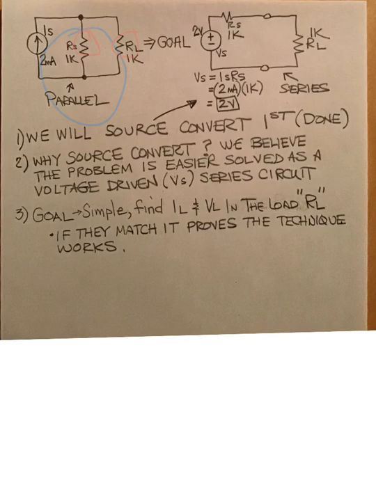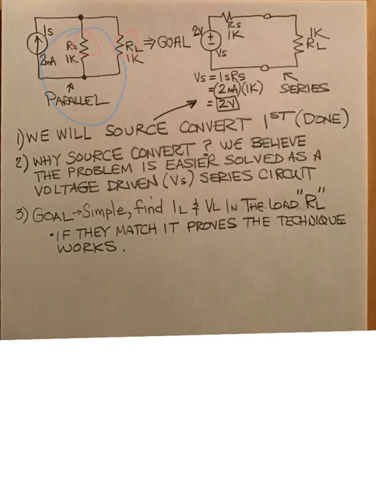But what if those numbers were not good numbers? The only thing you can do to solve that circuit is use current divider. Well, what if you hate current divider? What if you believe the problem is easier to work as a voltage supply, or vice versa in this case? If you look at the circuit on the top left, it's parallel.